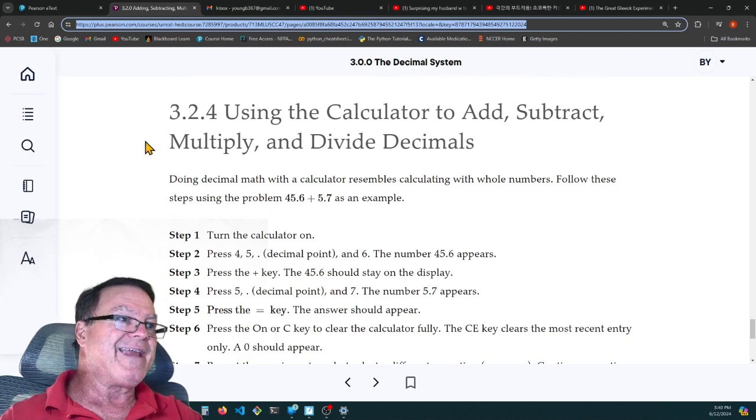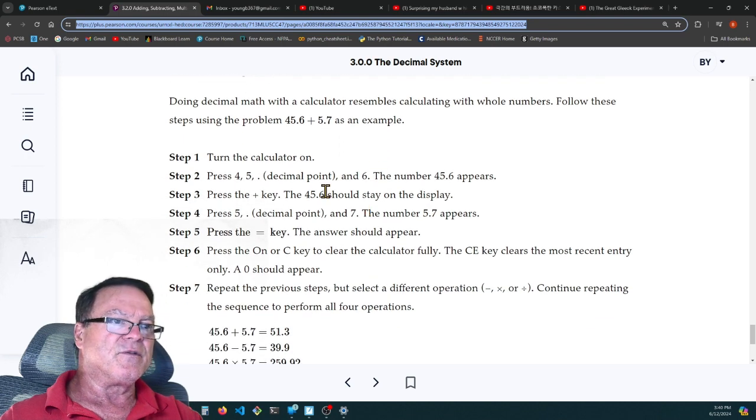3.2.4, using the calculator to add, subtract, multiply, and divide decimals. Doing decimal math with a calculator resembles calculating with whole numbers. Follow these steps using the problem 45.6 plus 5.7 as an example. So turn the calculator on, press 4, 5, decimal point 6. The numbers 45.6 appears. Press the plus key, then the 45.6 should stay on the display.